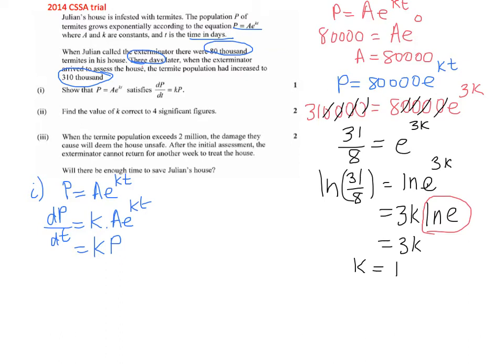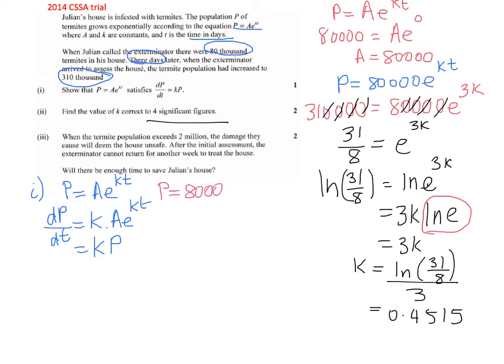Dividing both sides by 3, we get log of 31/8 divided by 3. Putting that in your calculator to 4 significant figures, you get k equals 0.4515. So our new equation for P becomes 80,000 e to the power of 0.4515t. Okay, so everything from here to here is part 2.